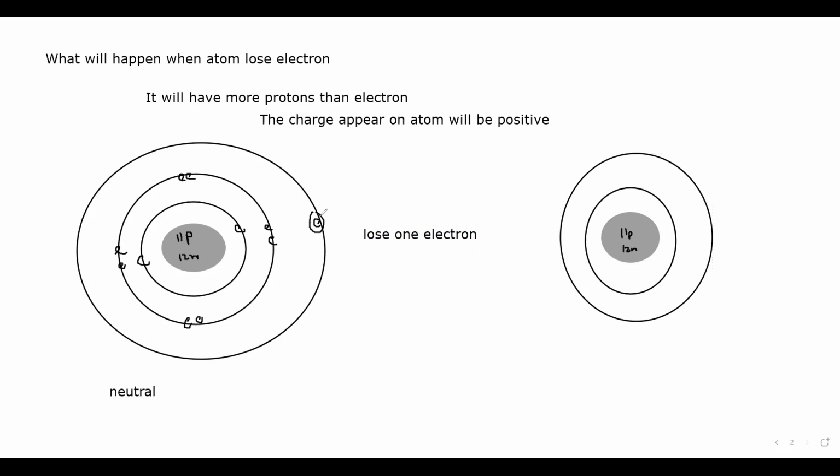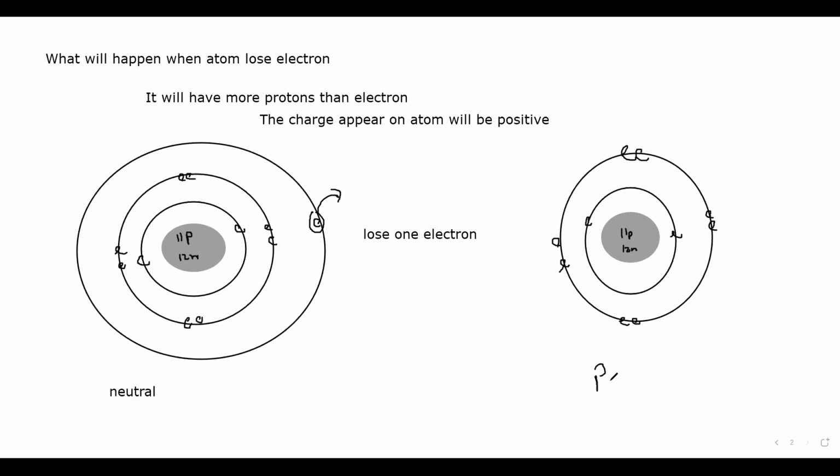Say this is the last shell electron and that is being lost. So what will be the charge on this, which has 11 protons and 10 electrons? Positive or negative? It will be positively charged.